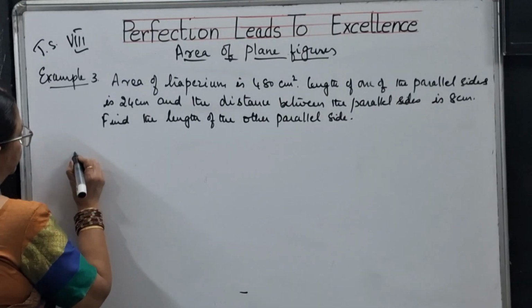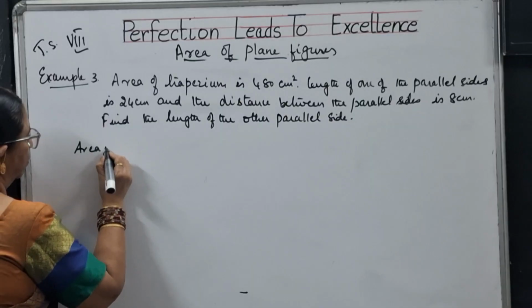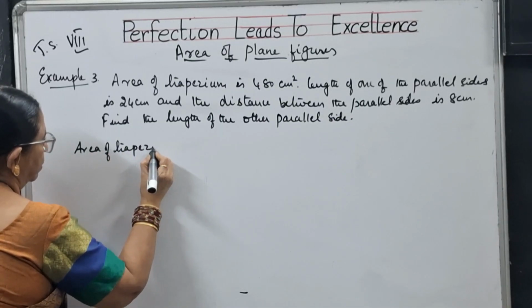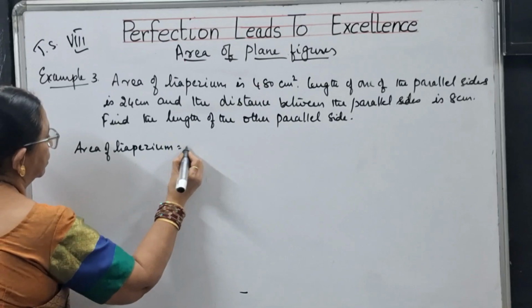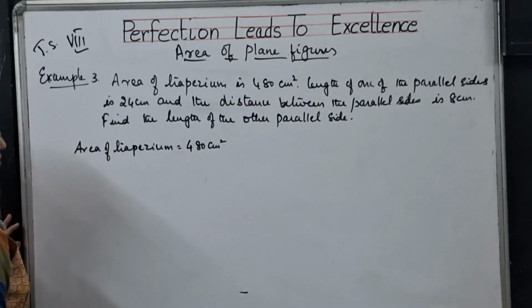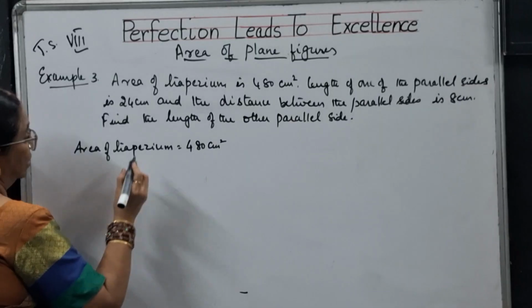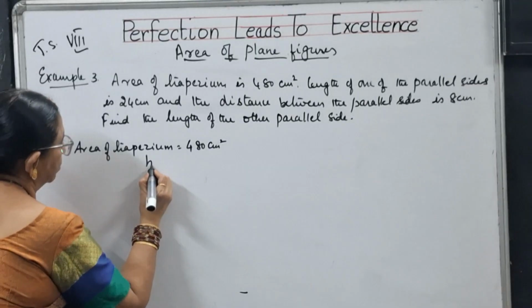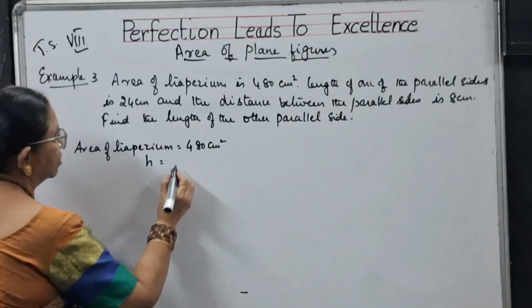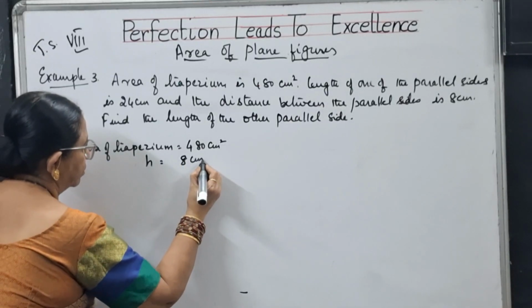So what is given to us? Area of trapezium is equal to 480 square centimeters. And distance between them means they have given the height. What is the height? The distance between the parallel sides is 8 centimeters.